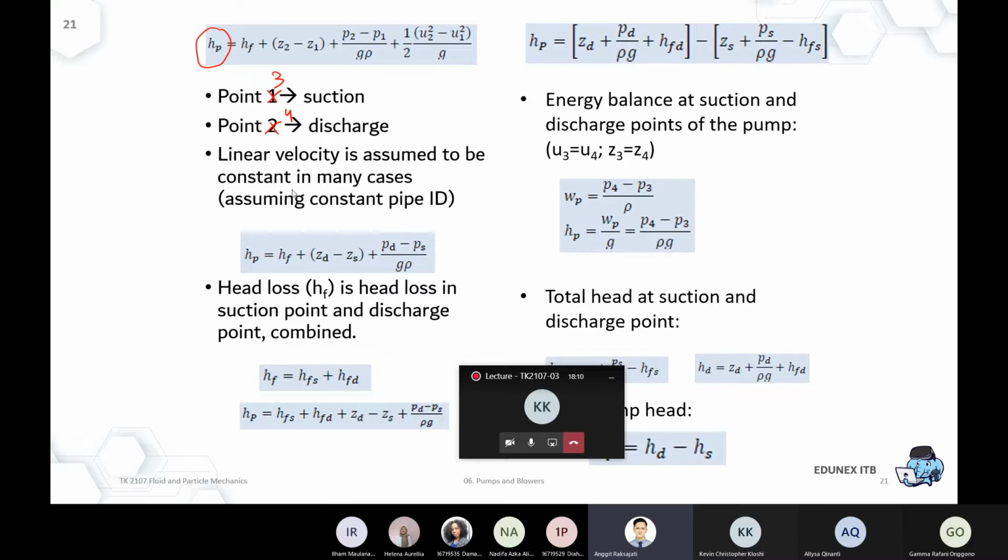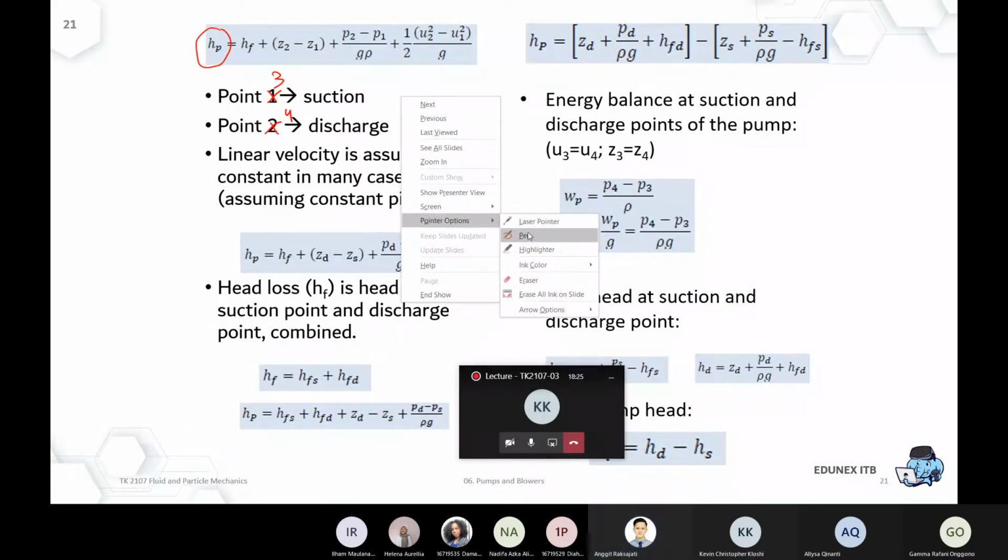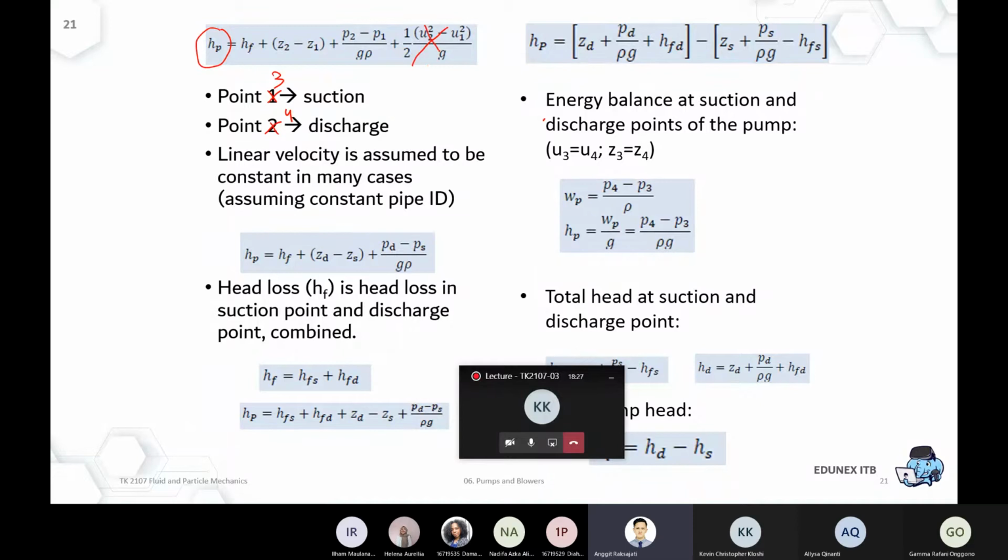If we can make sure that the velocity doesn't change, if we can make sure that the pipeline diameter doesn't change, then we can omit this part if D remains constant.